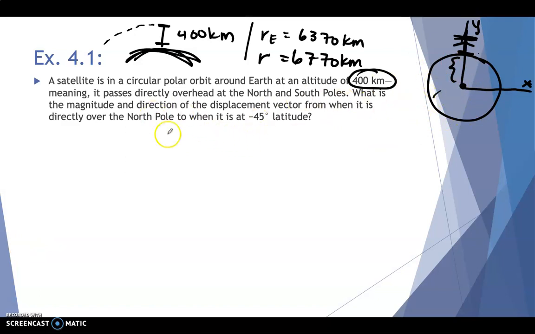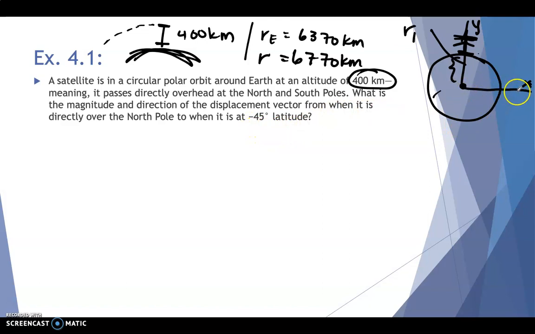Next, we want to find out this other vector. So this is our first vector. We can call this R1, okay? And then our next vector is going to be when the satellite is at negative 45 degrees latitude.